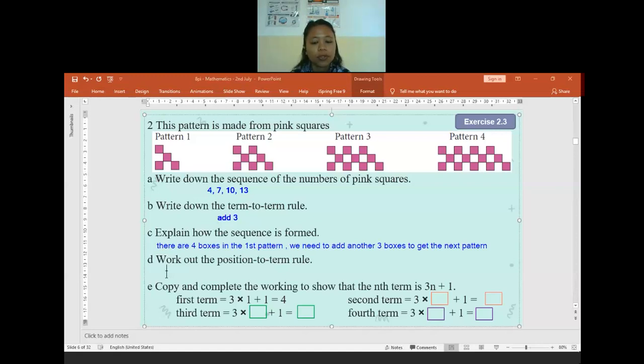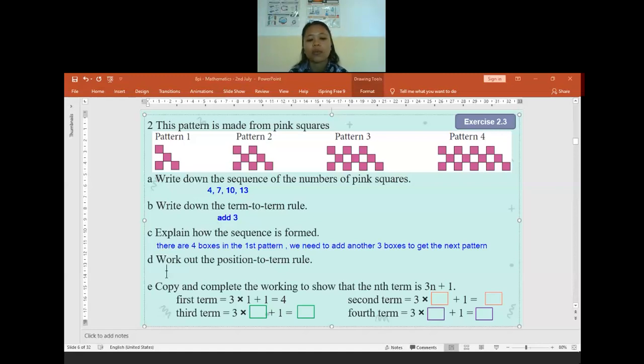What is the position to term rule? Okay, look at the question again, because the question is still saying position to term rule, you do not write it as letter n, you have to write it as position number. When the question is asking for the nth term, you can replace the position number with letter n.